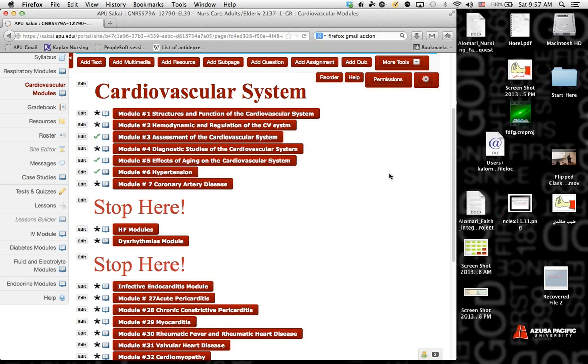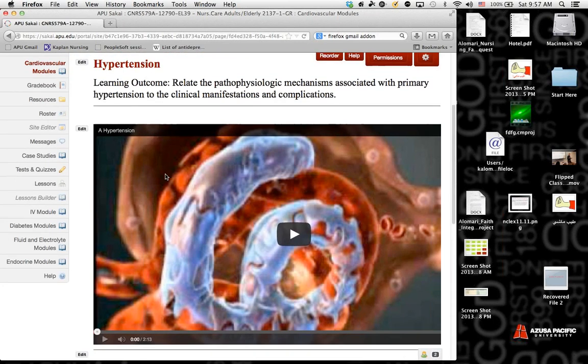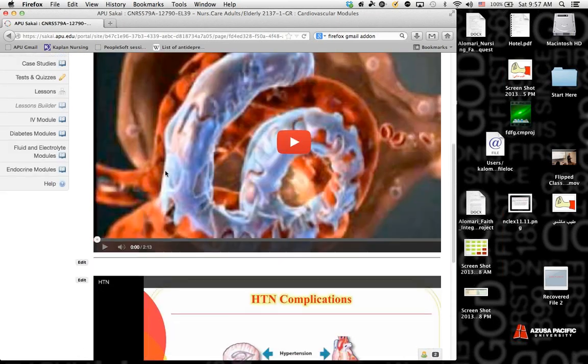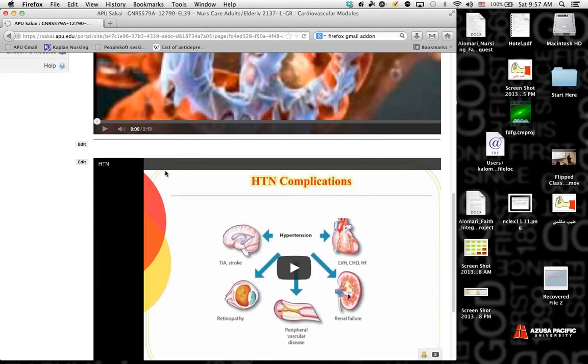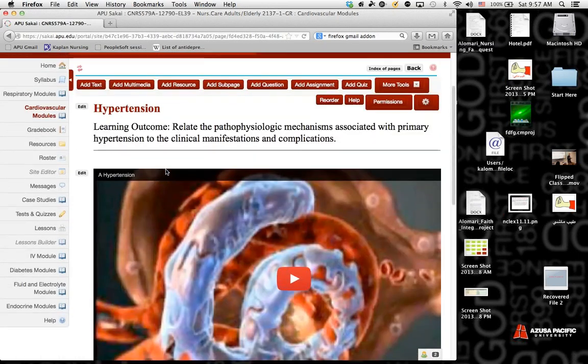So as far as hypertension, we just want to try to remember the different regulatory mechanisms for controlling blood pressure, including the sympathetic and the parasympathetic neurological control, and the hormones that control blood pressure. I think we're all familiar with the vascular system.